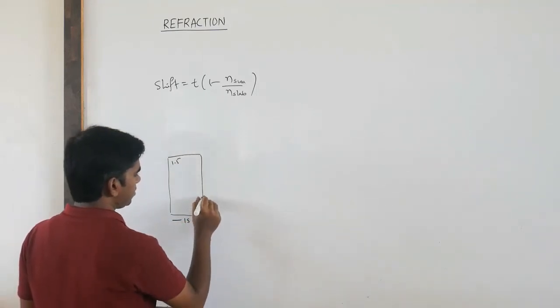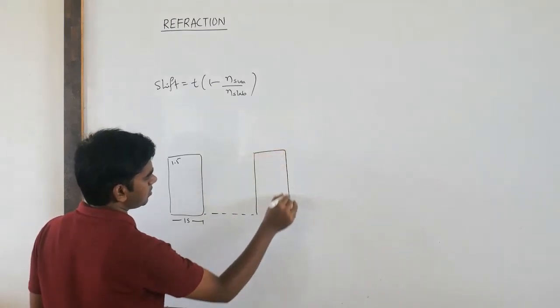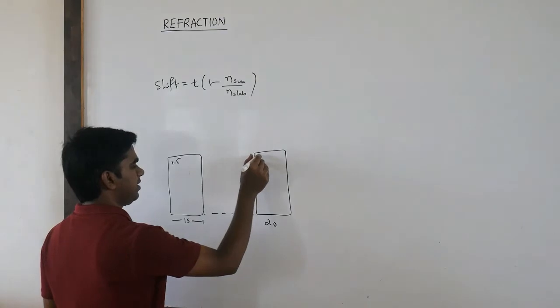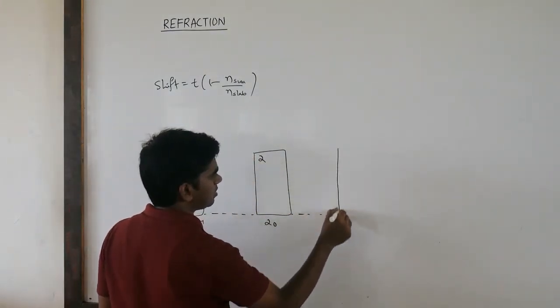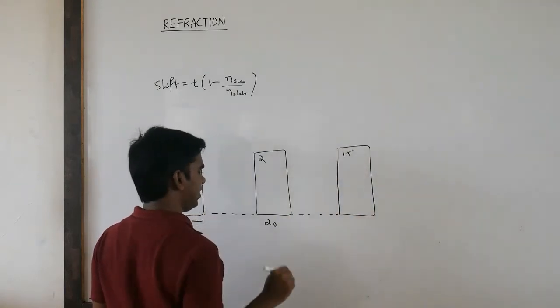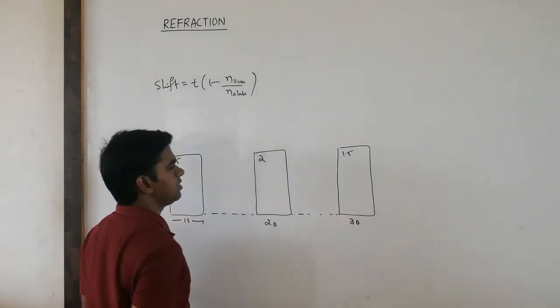Again at some distance we put another glass slab of thickness 20 and refractive index 2. Then at some distance there is another glass slab of refractive index 1.5 again, with thickness 30.